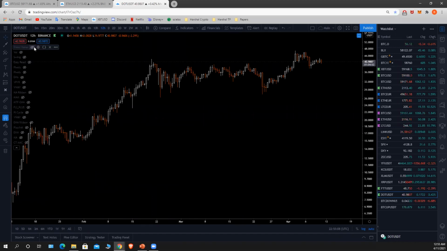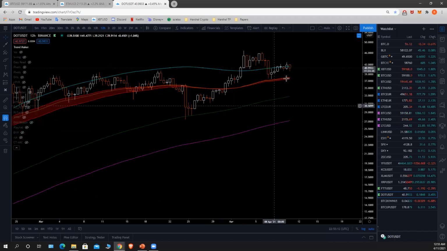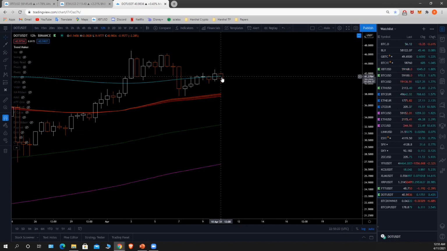Then I go for Trend Maker, starting with the daily. Here you can see Dot is kind of getting snaky movement around this aqua line. So as long as it is trading under this aqua line, I will not feel confident taking any bigger position.